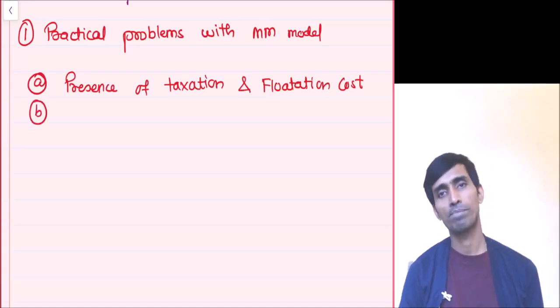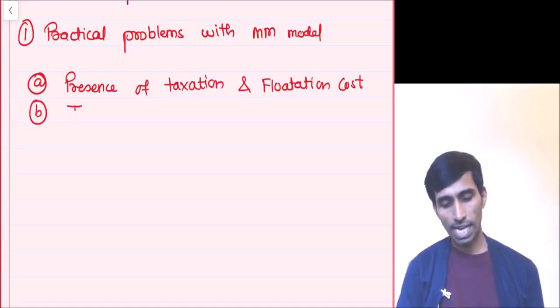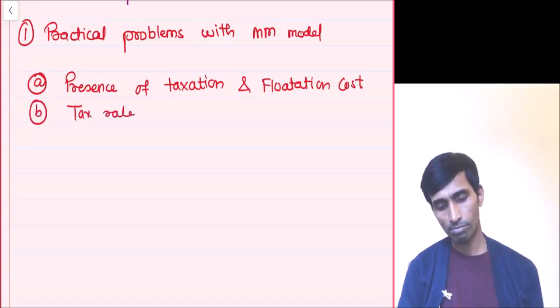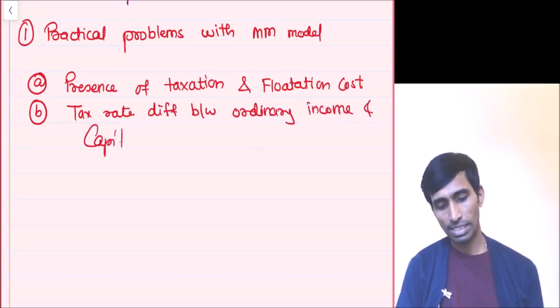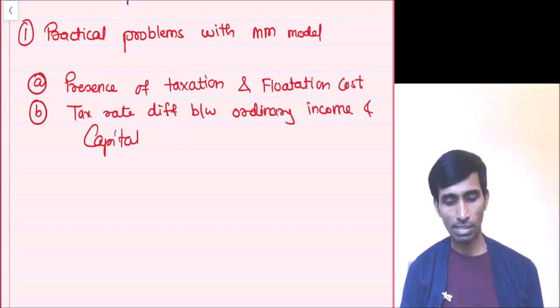B, tax rate difference between ordinary income and capital gain. Capital gain tax is different on investment, right? And income tax rate is different.